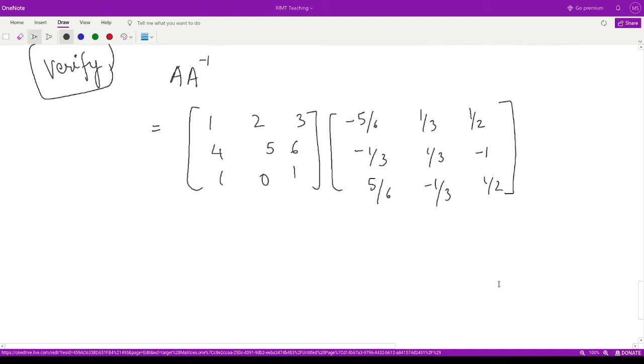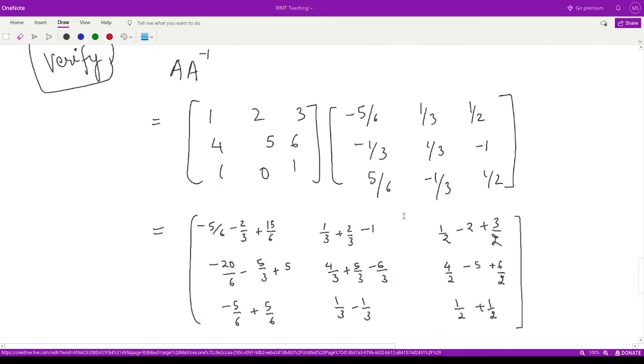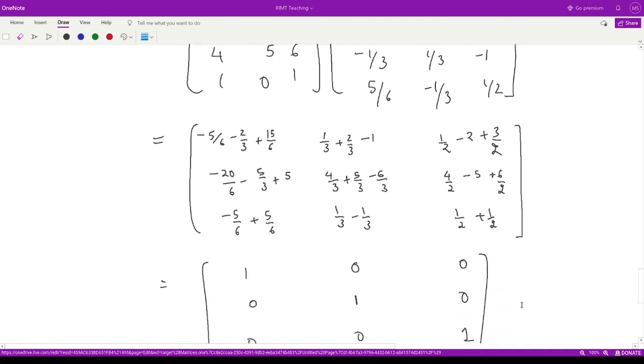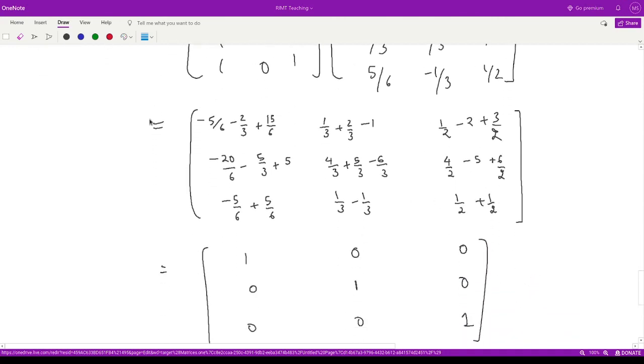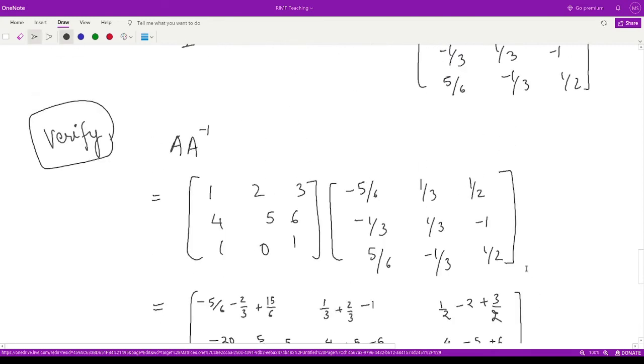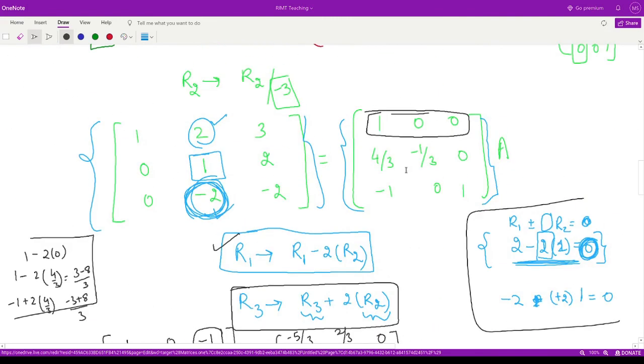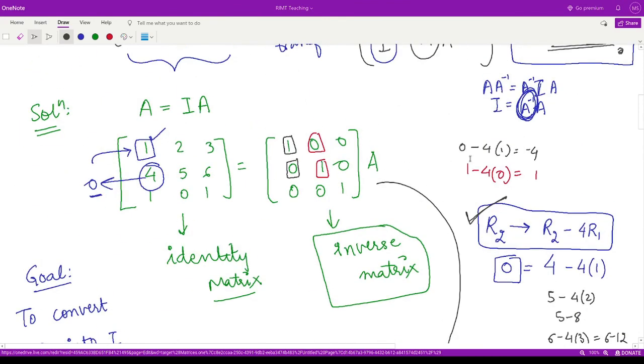Now let us just multiply this matrix and see whether this is equal to the identity matrix or not. So you see, when you multiply both of these matrices, finally you will get the identity matrix as the answer. So that means this is the correct answer here. The matrix that we obtained is the inverse matrix to the given matrix A. And this method is known as the Gauss-Jordan method to find the inverse of a matrix.